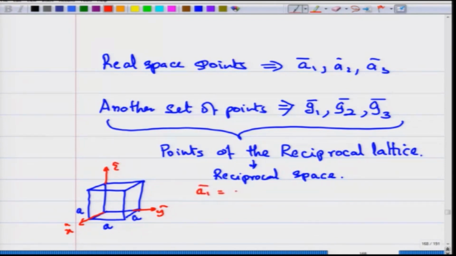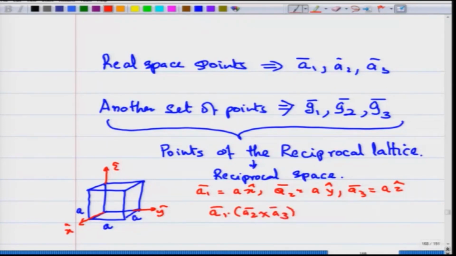For this cell you can define A1 as A x cap, A2 as A y cap, A3 as A z cap. A1 dot A2 cross A3 will be the volume A cube. A2 cross A3 will be equal to A square y cap cross z cap, which is x cap.